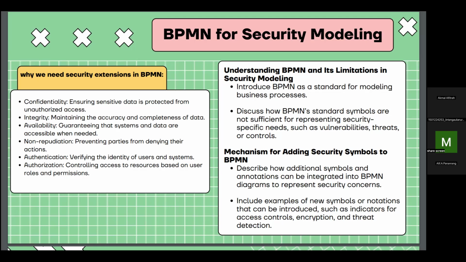First is describing how additional symbols and annotations can be integrated into BPMN diagrams to represent security concerns. And second is including examples of new symbols or notations that can be introduced, such as indicators for access control, encryption, and threat detection.